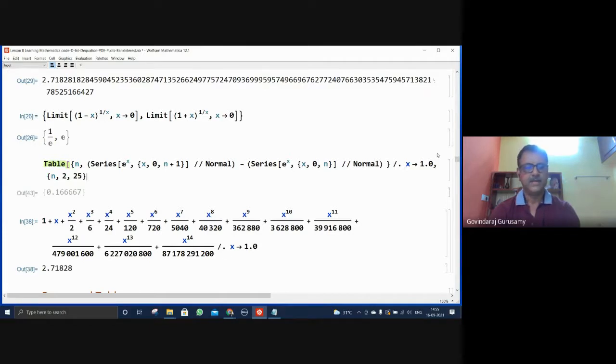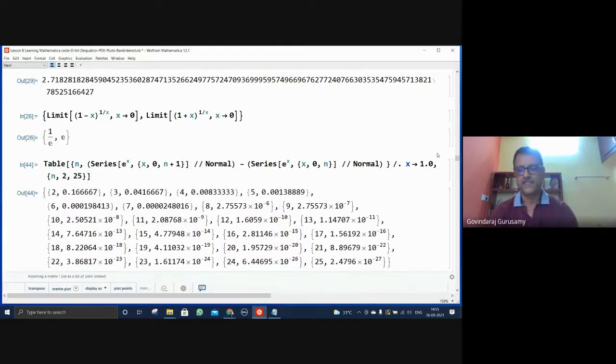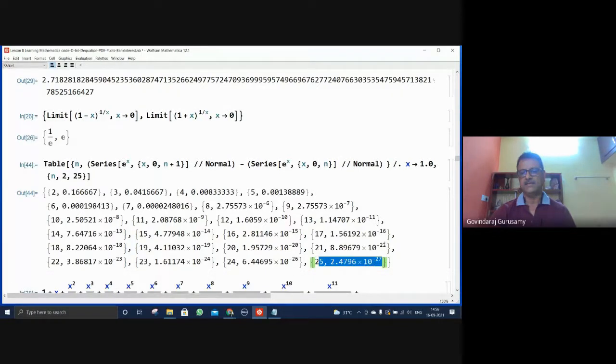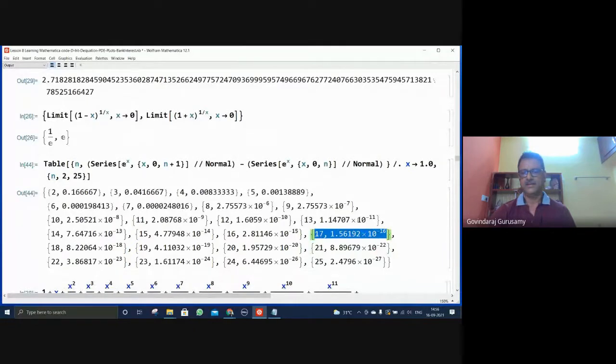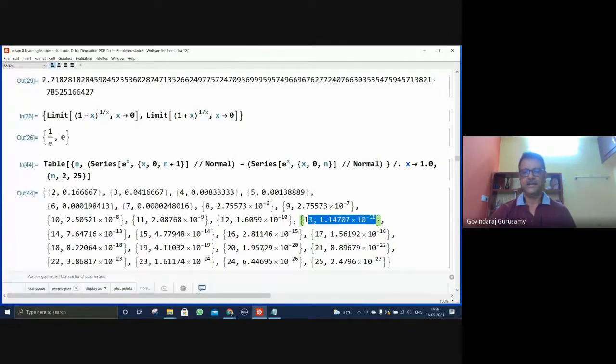Close this bracket and look at this. What's going to happen? So x power 25, when you come from 25 to 24, this is your error component. So nicely you can see how, when you take the polynomial order higher and higher, the error can be reduced.